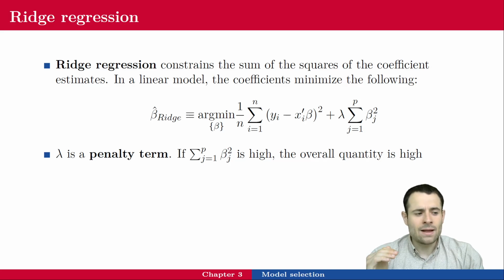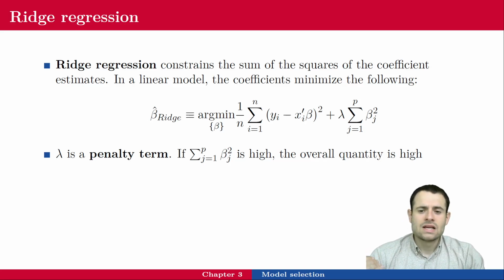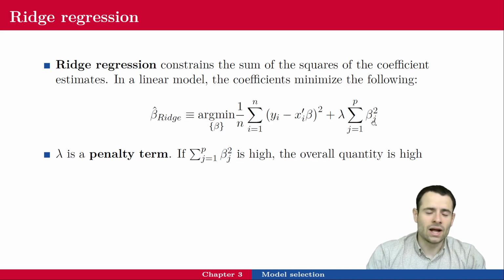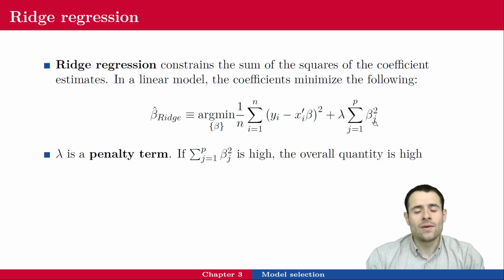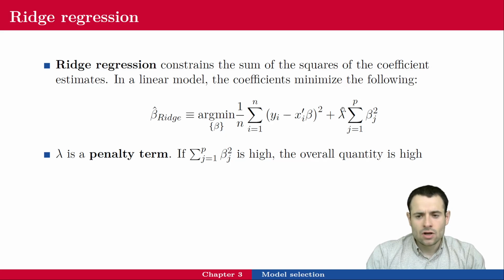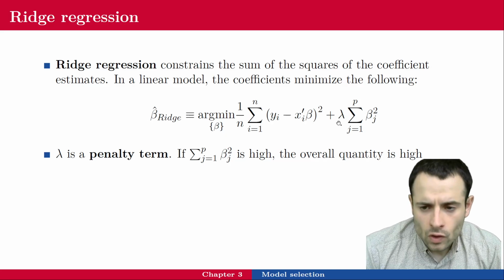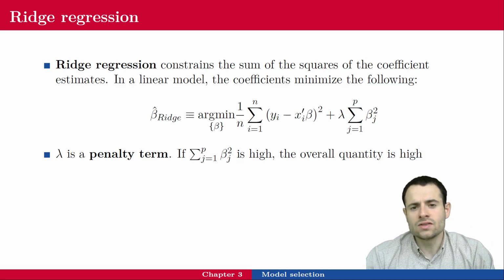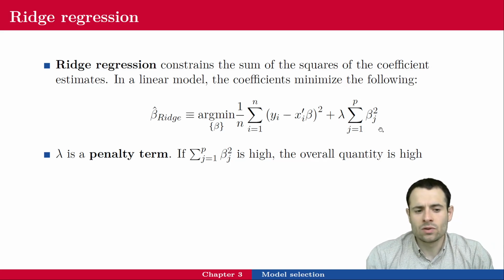If on the other hand lambda is very high, since you want to minimize this whole expression and your lambda is very high, then the computer, the algorithm, will want to make this quantity, the sum of beta squared, very low, to counteract the fact that lambda is high. And so the value of lambda will mitigate or not the importance of this penalty term.